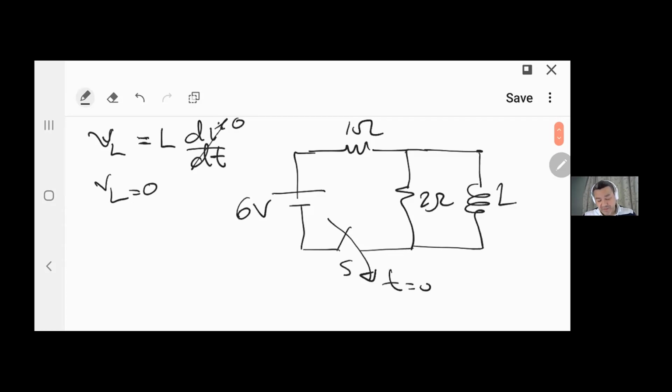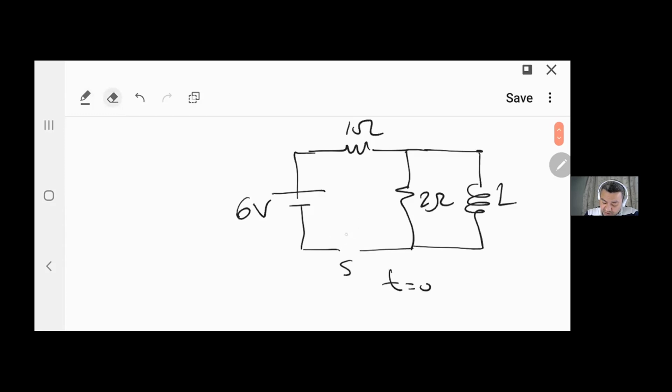an ideal wire. So because the switch now is closed for a long time, the inductor can be replaced now with a piece of wire.